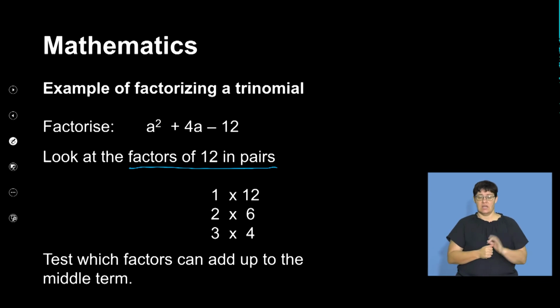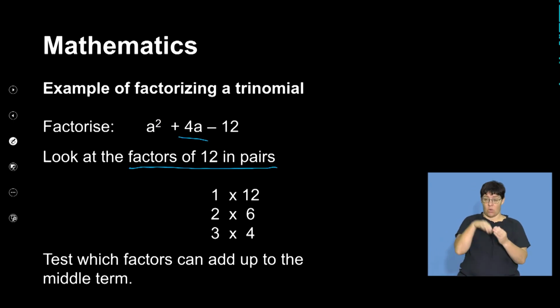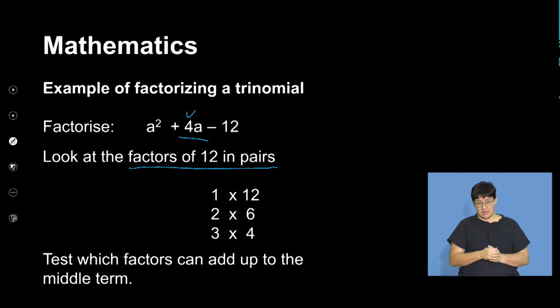In all these three pairs, I must choose a pair such that when I add or subtract, I get a positive 4. So it must be the 6 minus 2, right? That's the only one really that can be that. I was thinking I can use another example, but that will just confuse us. Then you test which factors can add up to the middle term, as I said.